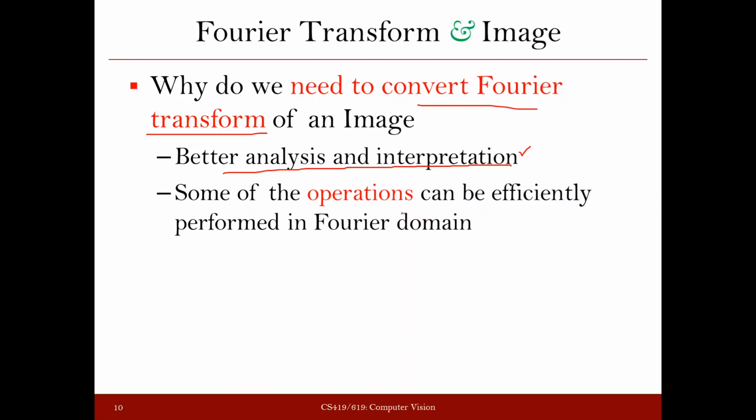And second, there are some operations which can be performed very efficiently if you convert your images to the frequency domain. If you work directly in the spatial domain, the operation will be very costly, but if you convert to the Fourier domain, the operation can be done very efficiently in much less time. Because of these advantages, most of the time we don't work on images in their original domain. We go to the Fourier or frequency domain and then perform the operations.